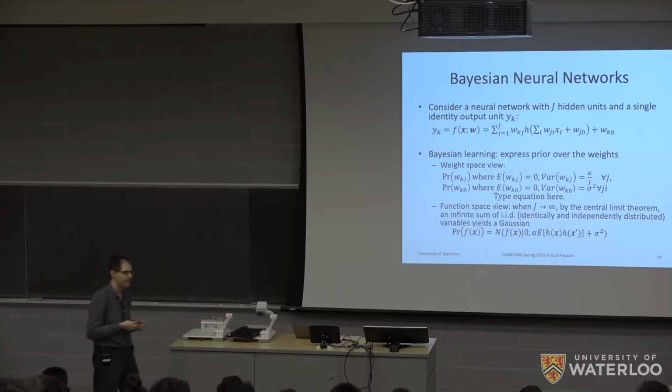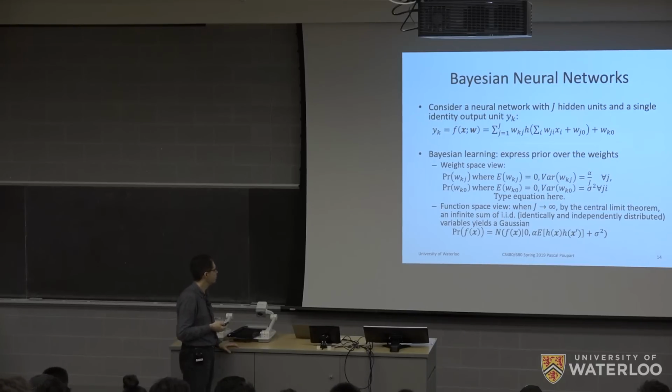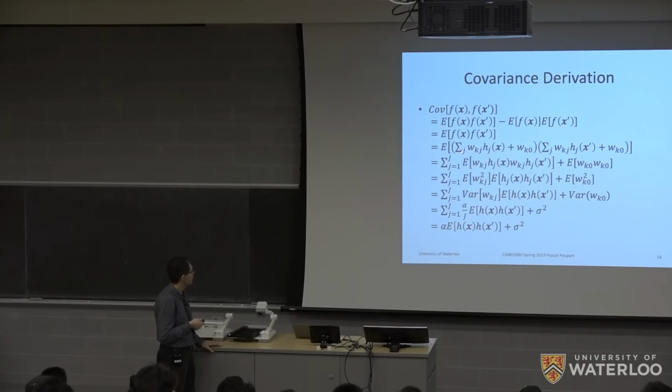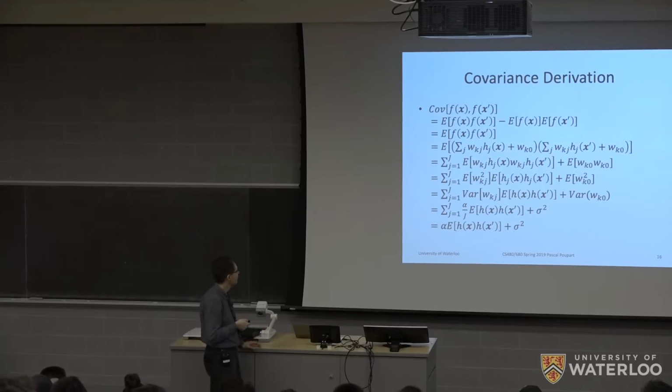Can you go 2 slides forward? 2 slides forward, okay. On the third line you have 2 sums, and on the fourth line you have 1 sum. What happens to the double sum? Right, so yeah, I've got 2 sums here. What happens is that when we push the expectation in, some of these things simplify.